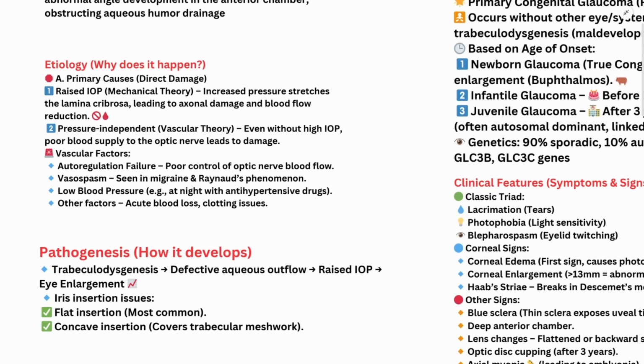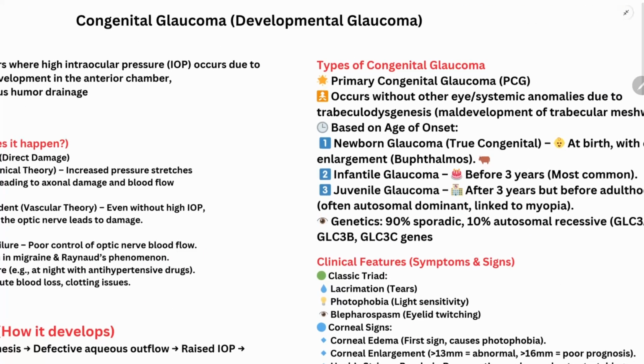So the pathogenesis is trabecular dysgenesis, meaning there is a defect in the outflow of aqueous humor. It leads to raised intraocular pressure and eye enlargement. Here you will also see iris insertion issues like flat insertion, concave insertions, etc. So these are the pathogenesis points that you must remember.